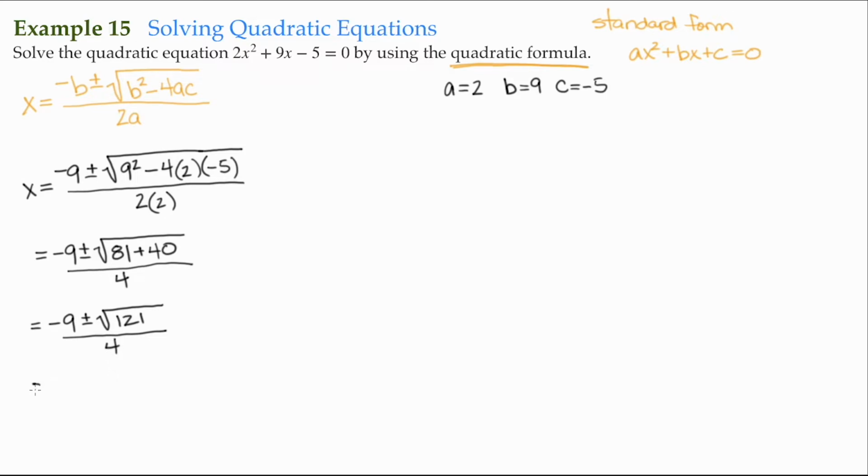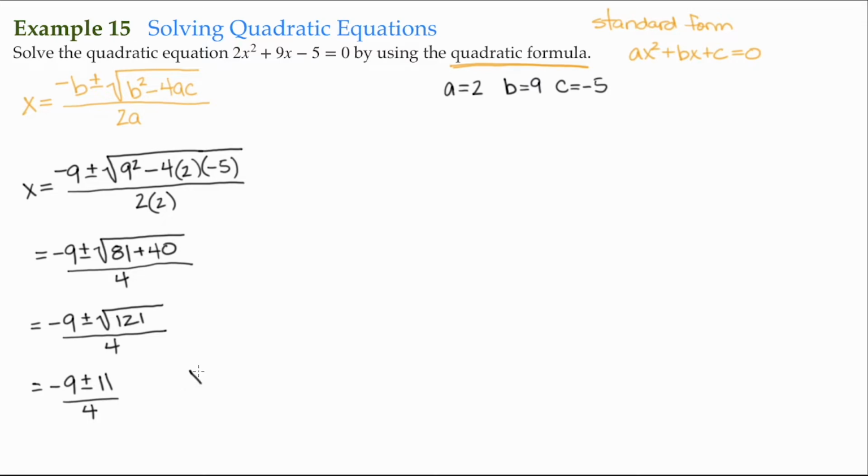So then we have -9 plus or minus the square root of 121, and the square root of 121 is 11. And this is over 4. So with this plus or minus here, this means -9 minus 11 all over 4, and -9 plus 11 all over 4.